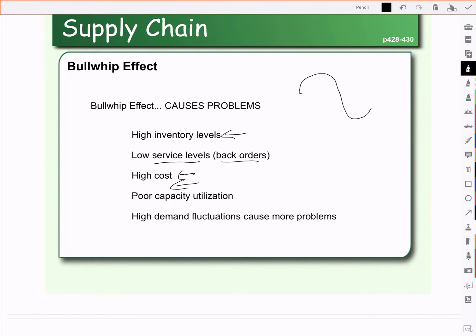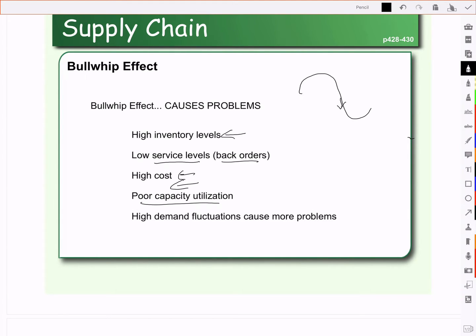So you start to get poor capacity utilization. It's a period of time where the orders have dropped, we're not making anything, and our factory is sitting idle. Okay? So these high demand fluctuations cause problems. Too much inventory, not enough, both are expensive. And if you're not consistently making units, then you're going to have poor utilization.